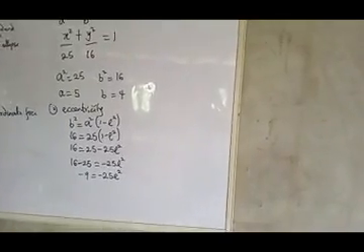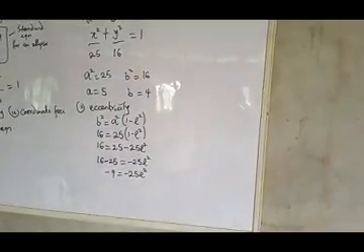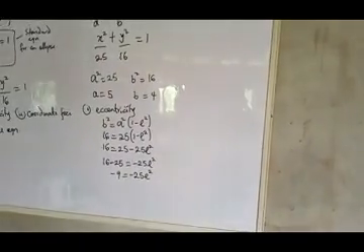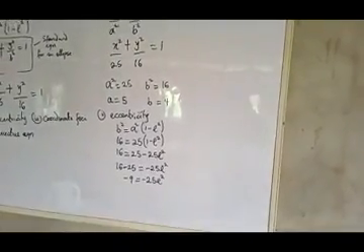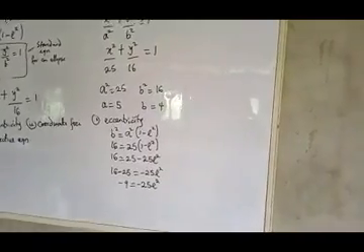So we want to make E squared the subject of the formula. You are going to divide both sides by minus 25.